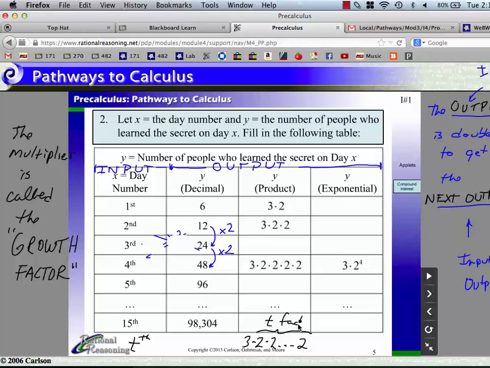So t factors of 2. Because every day that goes by, we multiply by 2, and so after t days, we will have multiplied by 2 t times. And so then what is the exponential form? Brian. 3 times 2 to the t.